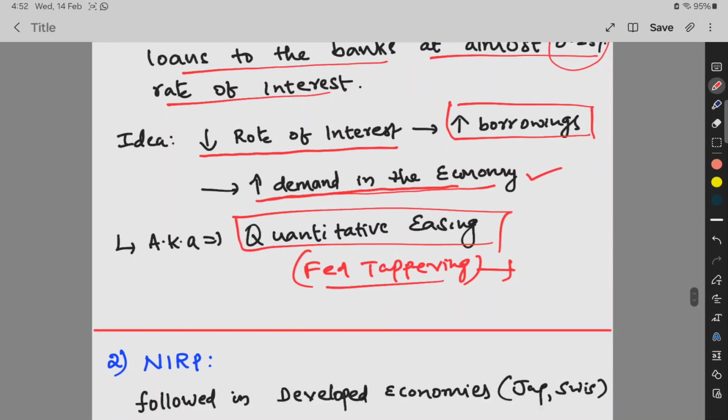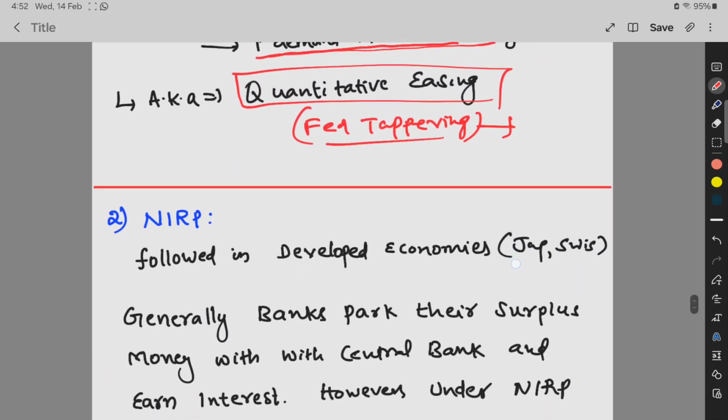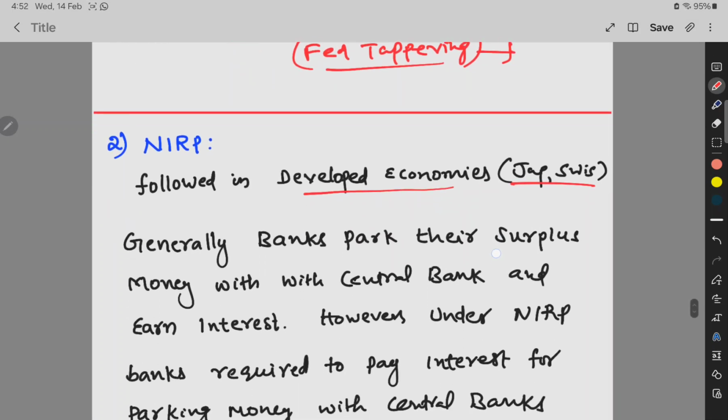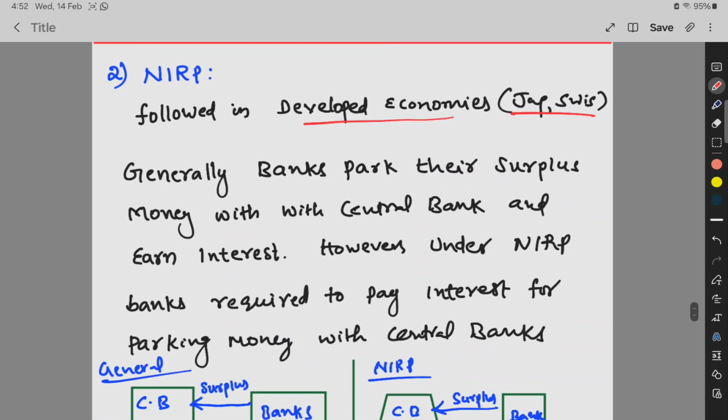Next, one more policy: negative interest rate policy. It is generally followed in developed economies such as Japan, Switzerland and Denmark. Firstly we need to understand the general scenario and then what happens in the negative interest rate policy. Generally, banks park their surplus money with the central bank. If a bank has any extra money, it will put that money with the central bank and earn interest.